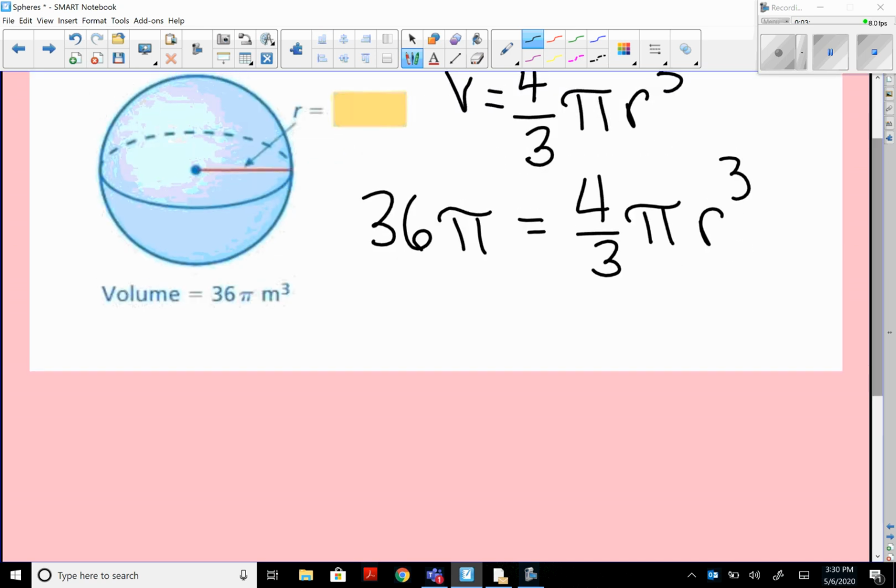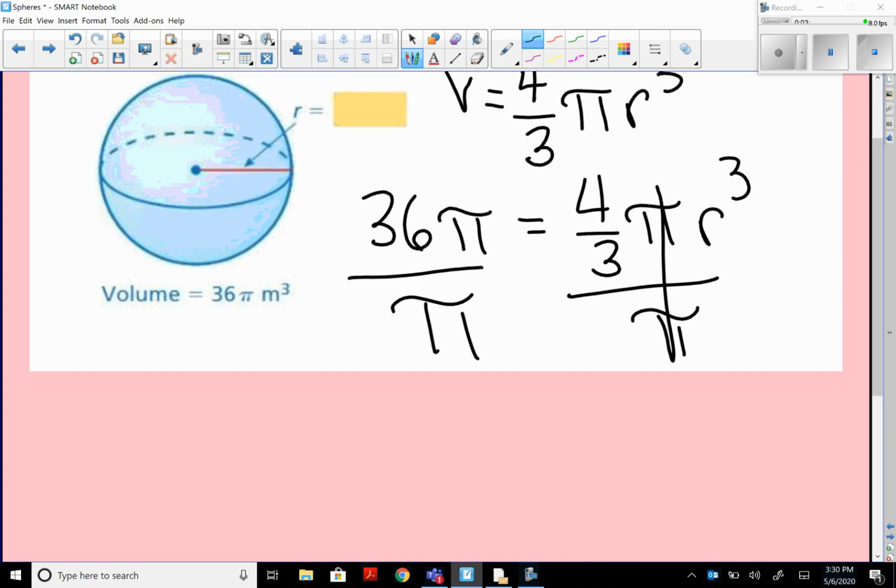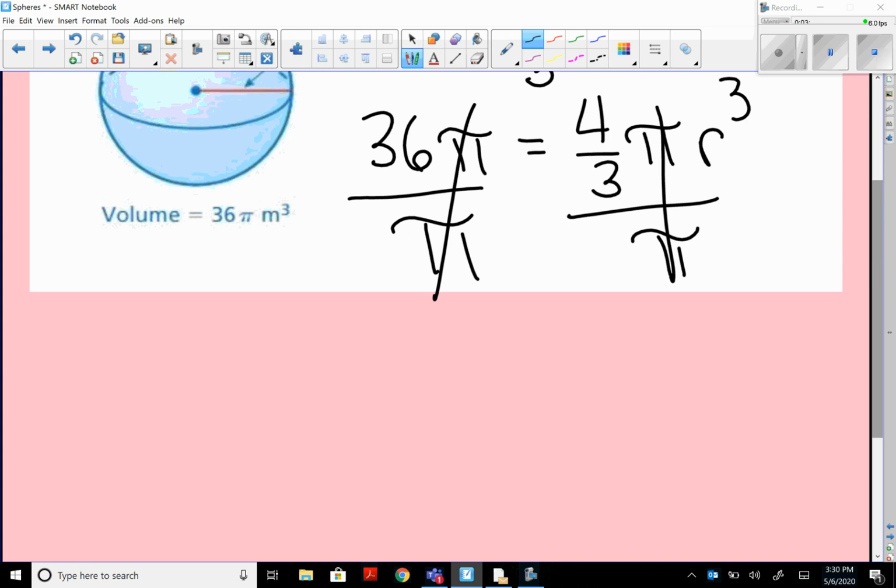So I'm going to start by dividing both sides by pi, because that's the inverse of multiplying by pi. It cancels out on the right side. It also cancels out on the left side. Then I have 36 equals 4/3 times r to the third power.